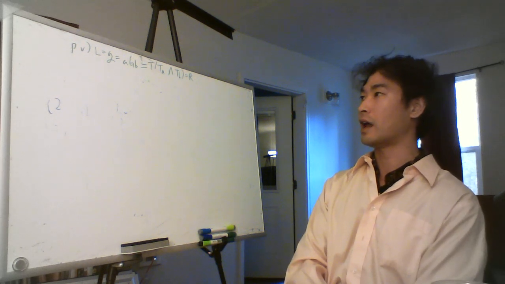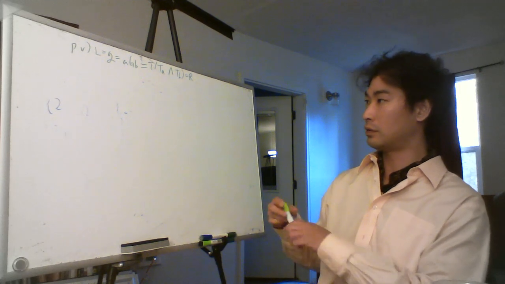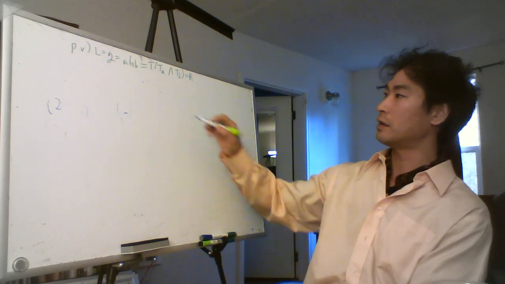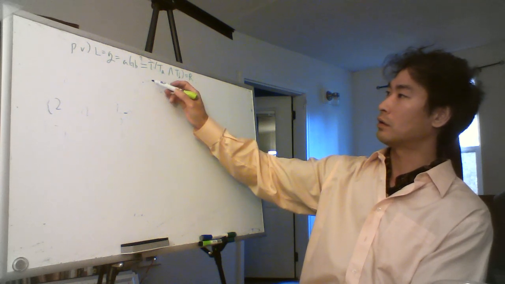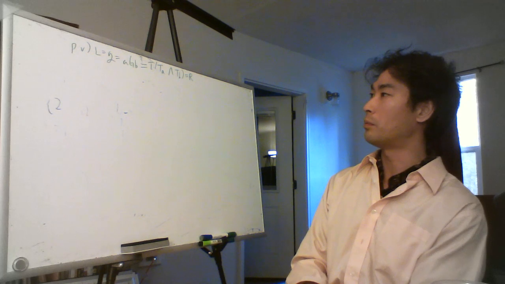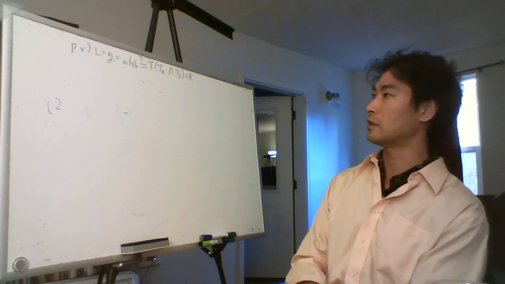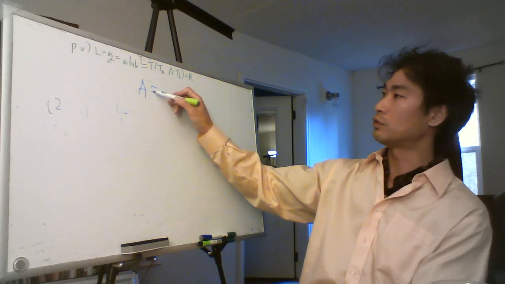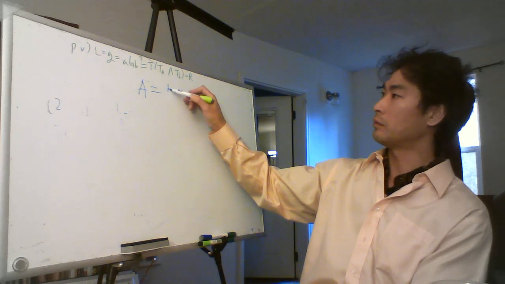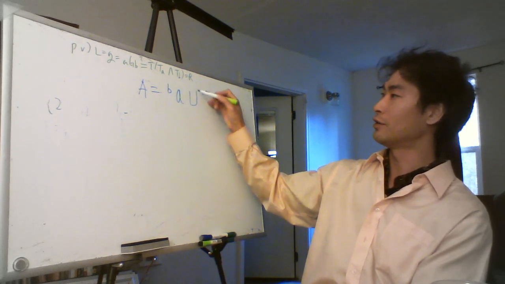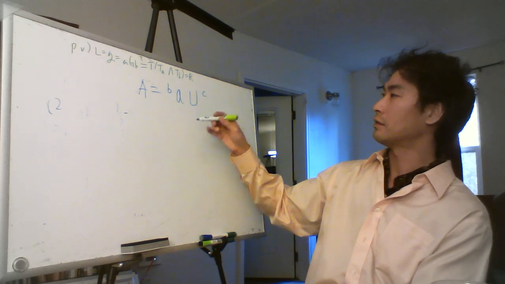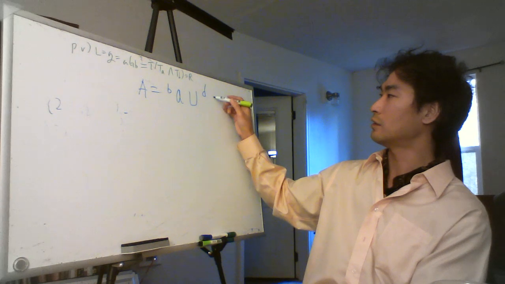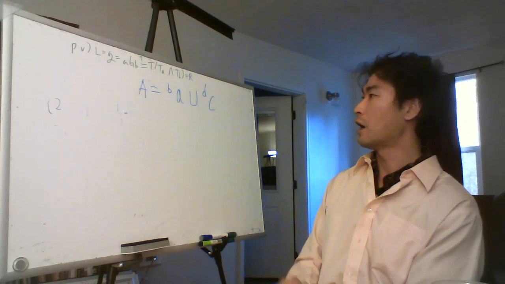Now that we have that handy dandy formula, let's say you have some set A equal to B A union C D. How many A's are there?